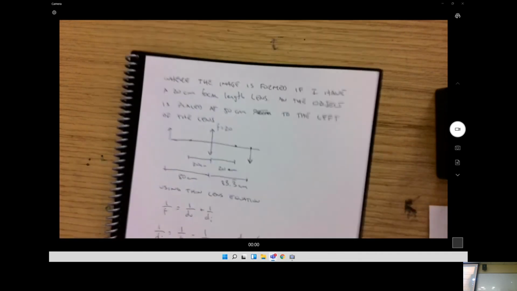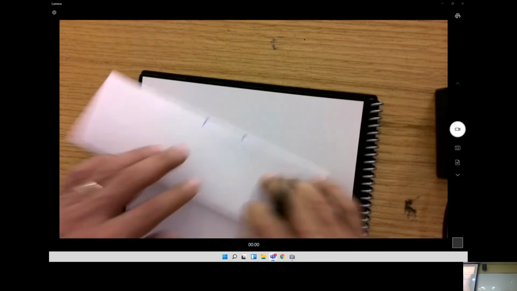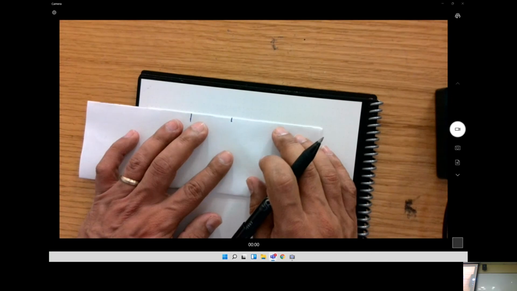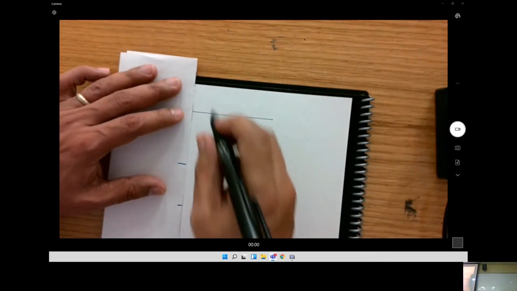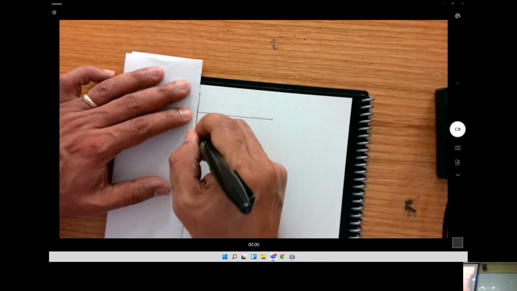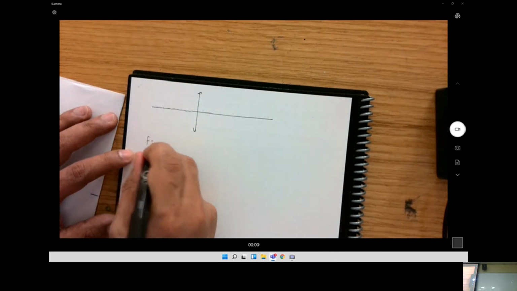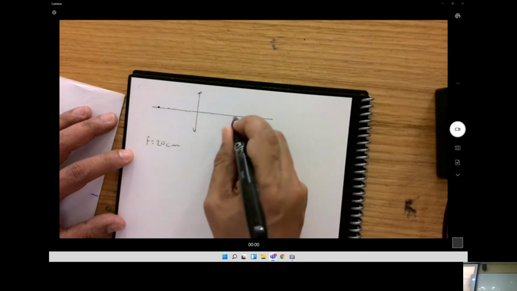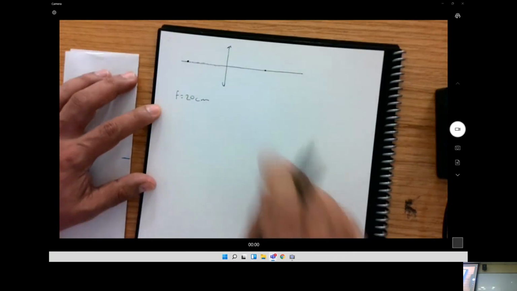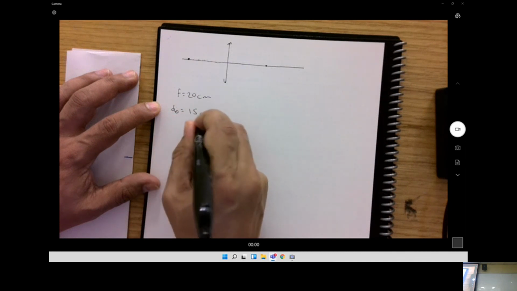Okay, so let's say that I have exactly the same thing. I have a focal length of 20 centimeters. But now my distance to the object is 15 centimeters.